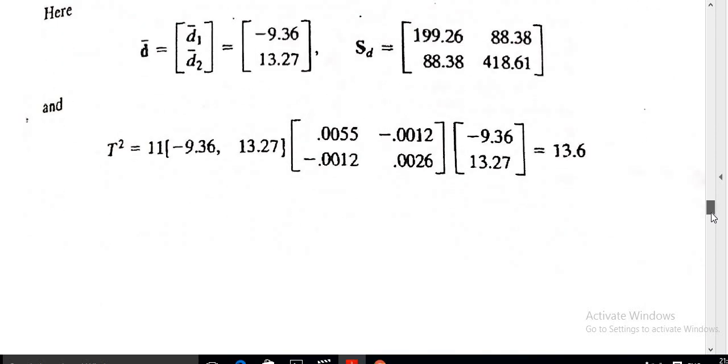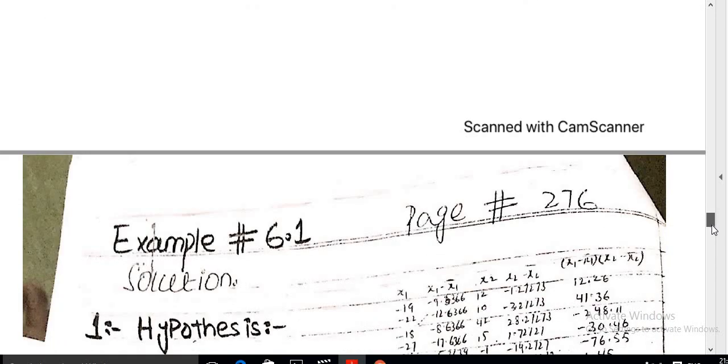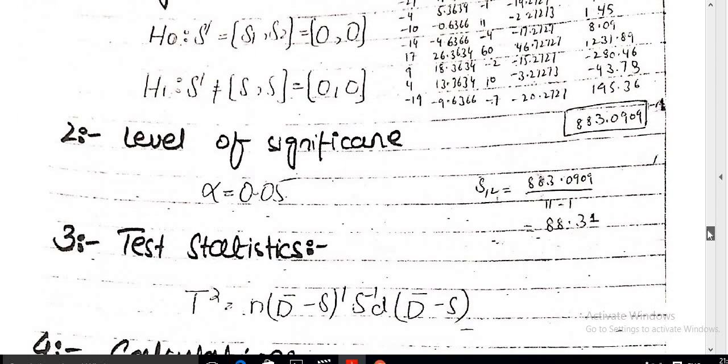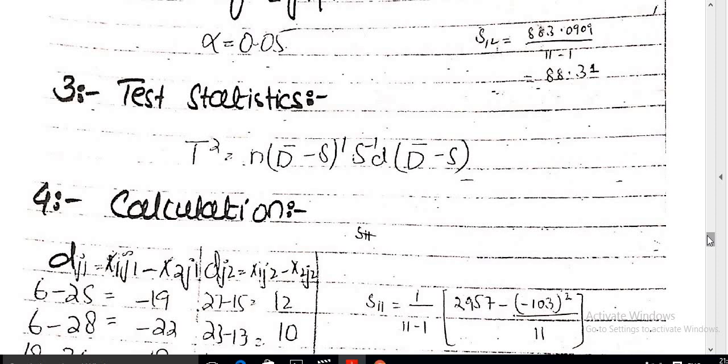T-square is equal to this. I will explain it in detail. These are the differences from the mean observations of the first and second samples. T-square is equal to N (D bar minus delta) transpose SD inverse (D bar minus delta).